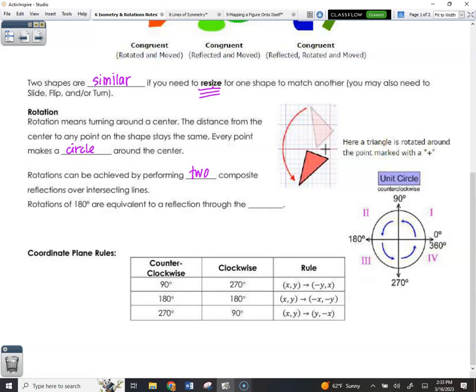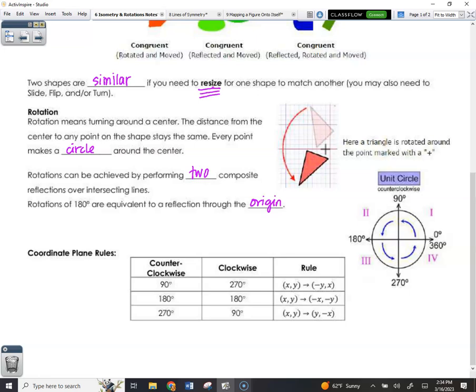You could reflect down and then reflect over, and notice it's still upside down. Do you see that? So some rotations, like the 180 one, can also be achieved if you simply reflected down and then reflected over, and you have the exact same resulting figure. Rotations of 180 degrees are equivalent to reflecting through the origin.